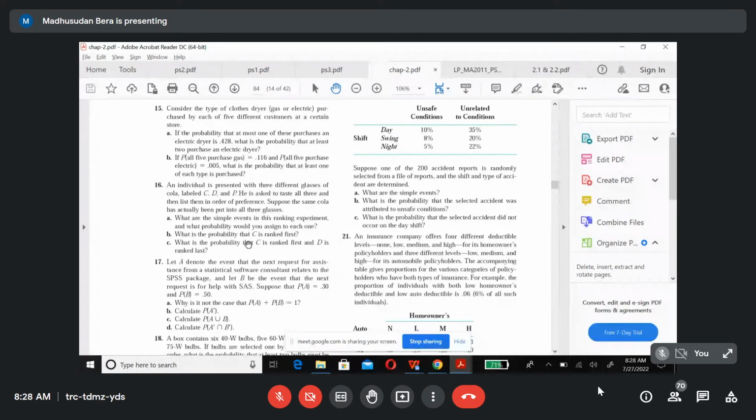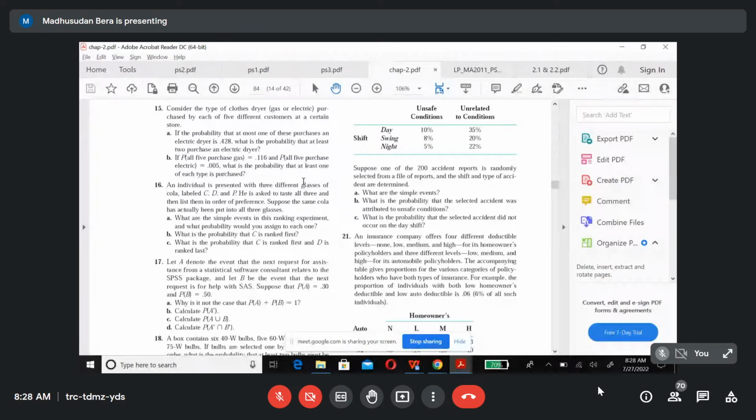Now, what are the simple events in this ranking experiment? That is okay. And what probability would you assign to each one? What will be the probability of each simple event? 6 outcomes.